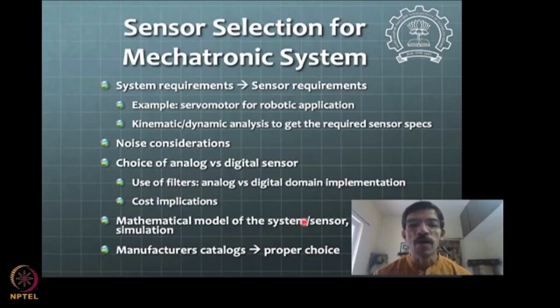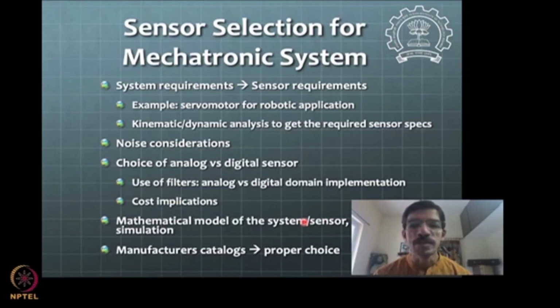We may not have all the details at one go, but as we start thinking about applications, we will get to know more and more details, and then we can incorporate them into the requirements and the development and selection of the sensors. From the system's requirement perspective, you need to get to the sensor requirements.